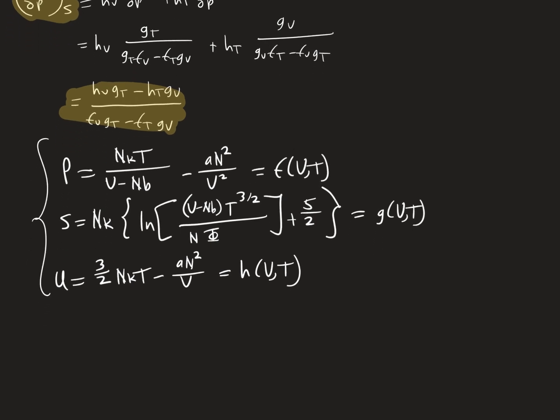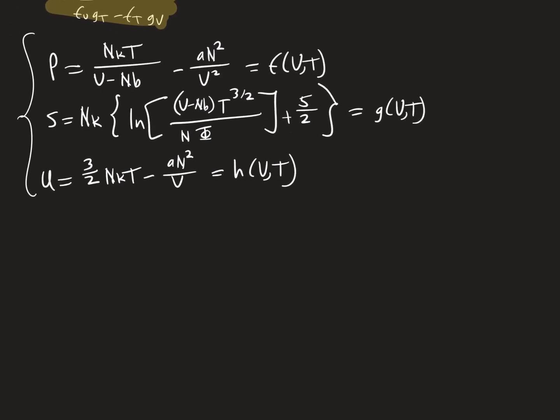So to get this expression, we first need to calculate some derivatives. Now you can calculate those expressions for yourself, so I'll just give the final results here. So we have f_v, the derivative of f with respect to v, will be 2n²a divided by v³ minus nkT divided by (v − nb)².